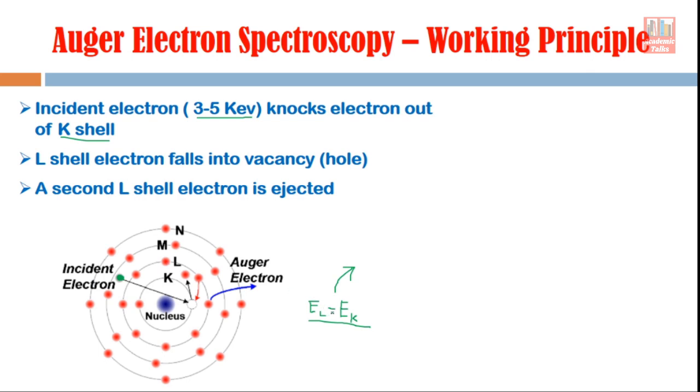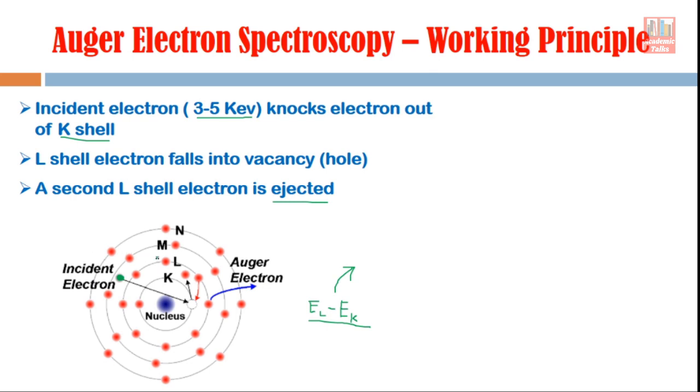Some part of this energy will be used to provide the binding energy to this L shell electron, and the remaining energy will be used as the kinetic energy of this electron, and with that energy this L shell electron is ejected out. This electron which comes out is known as the Auger electron.